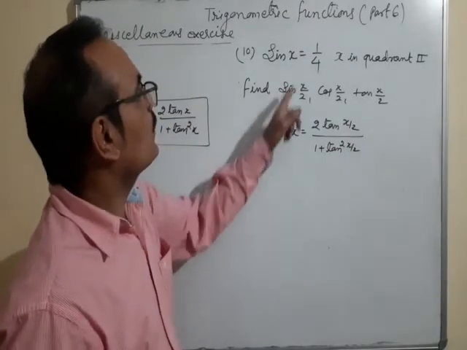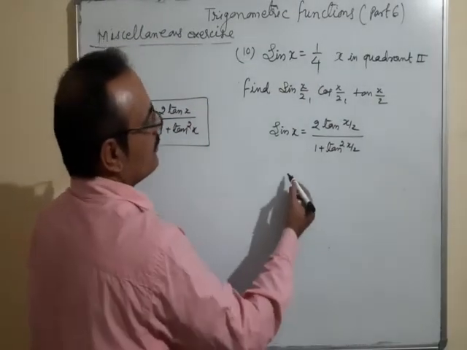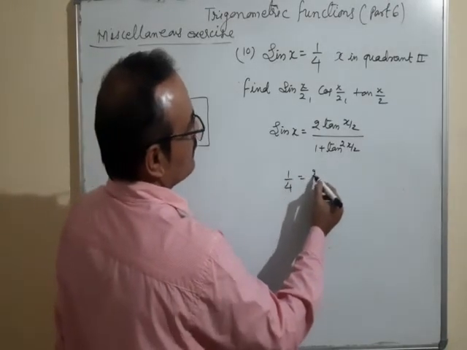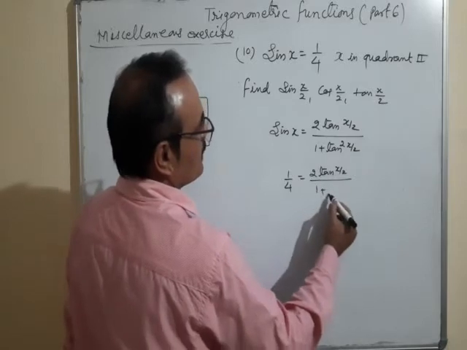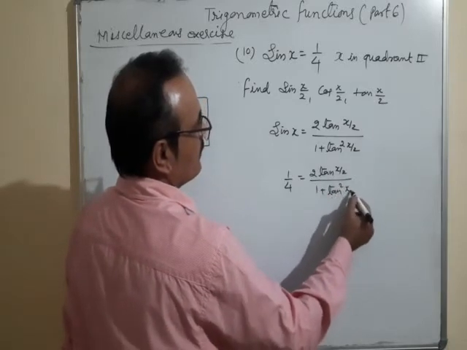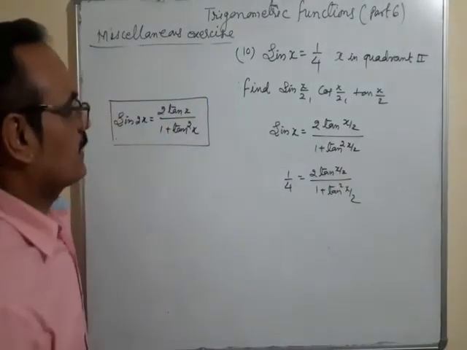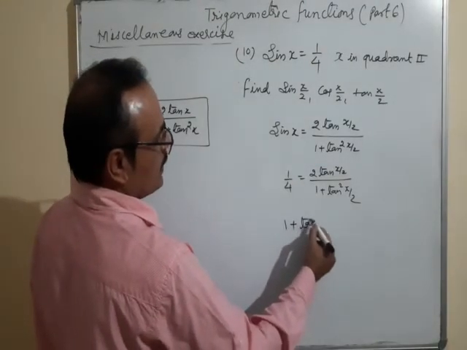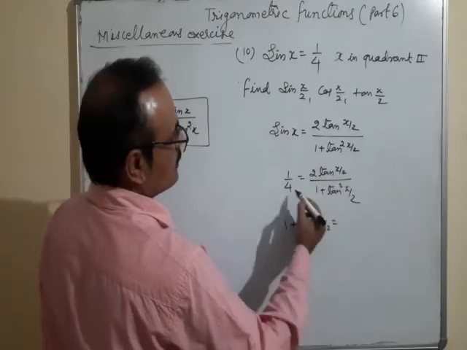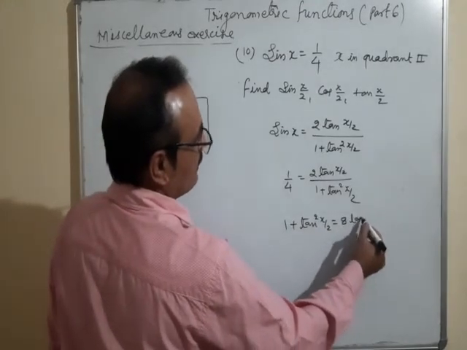Sin x is equal to 1 by 4. So I'll put the value here, 1 upon 4 is equal to 2 tan x by 2 upon 1 plus tan square x by 2. Okay. Cross multiply, 1 plus tan square x by 2 is equal to 4 into 2 tan x by 2, that is 8 tan x by 2.